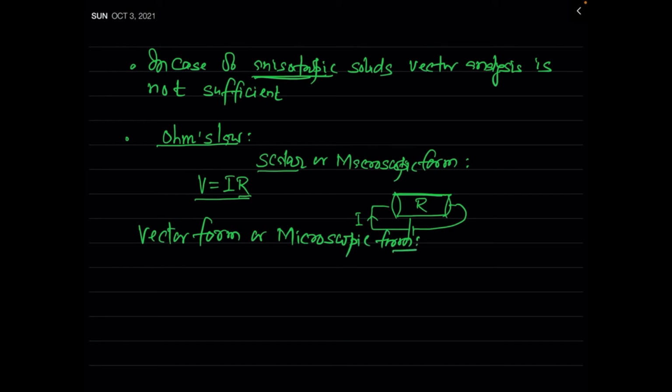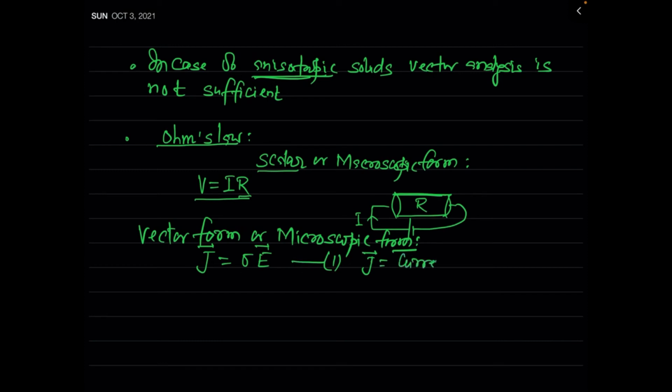And you have definitely an idea of this microscopic or vector form of Ohm's law. You know, this law is expressed as J equal to sigma times E, where you know this J is in fact the current density vector.